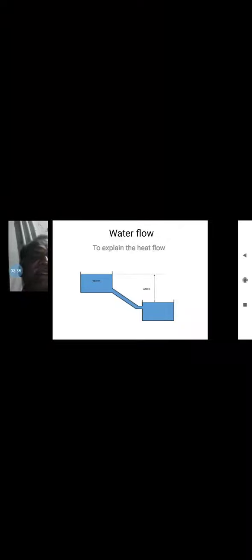And the last one is the length of the tube, which also decides the amount of water collected in the lower level tank. If the length of the tube is less, more water will be collected. I am using this diagram to explain thermal conductivity, that is, the amount of heat flow from hot end to cold end can be explained easily with the help of water flow from higher pressure to lower pressure.